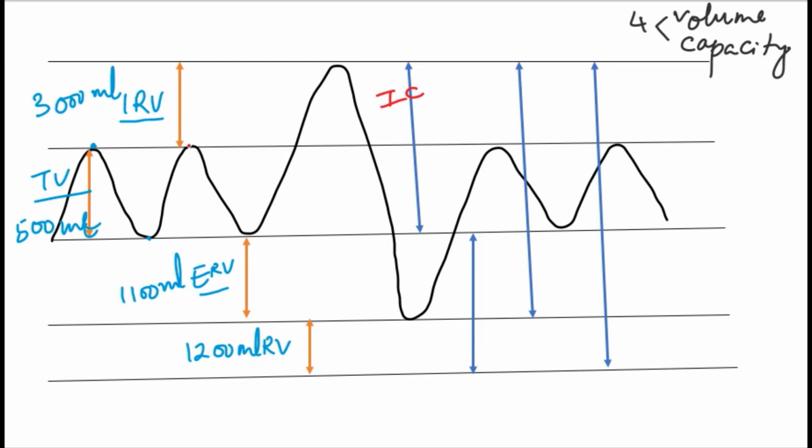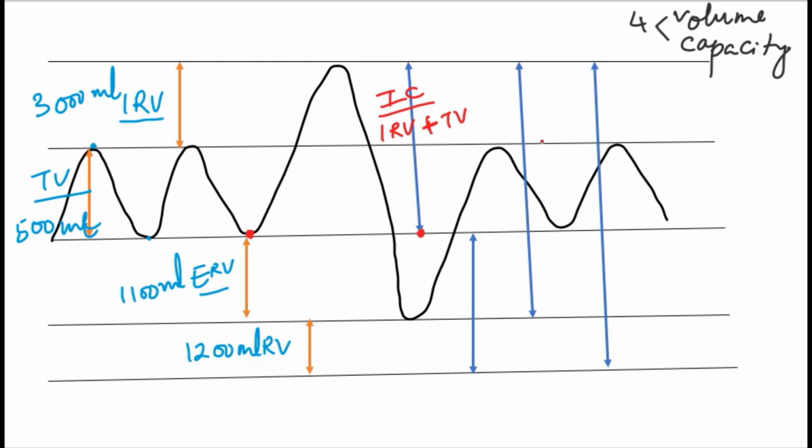You have had your normal expiration. This is the end expiratory point. So any amount of gas that you can inspire after normal expiration, that is inspiratory capacity. So you can see inspiratory capacity includes two volumes, that is IRV plus tidal volume.